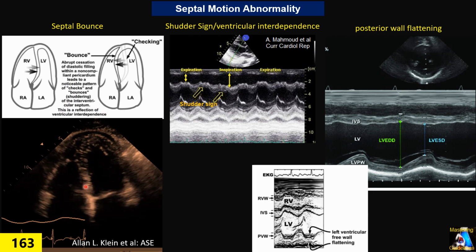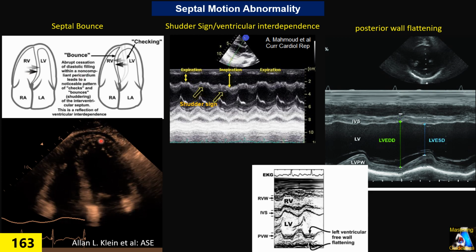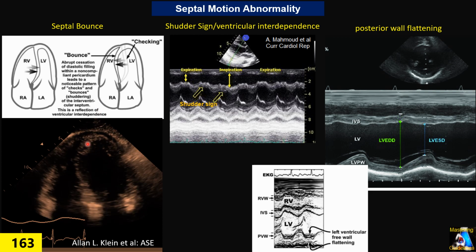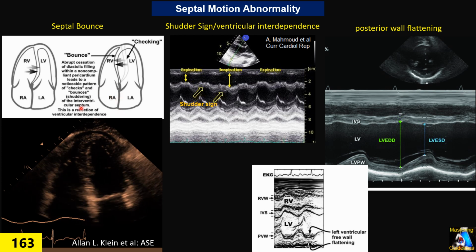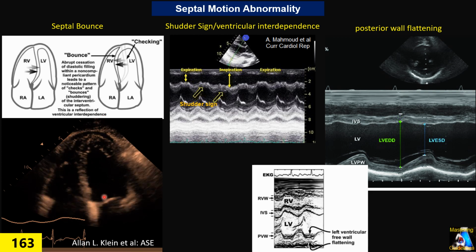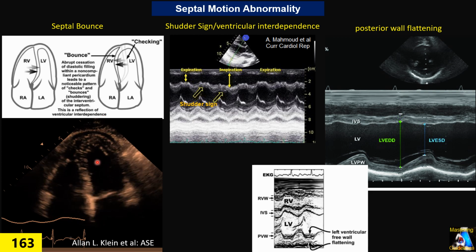But if this sign comes with IVC plethora, it gives a strong indication that most probably the patient has constrictive pericarditis, and with other findings we have to rule out that situation.